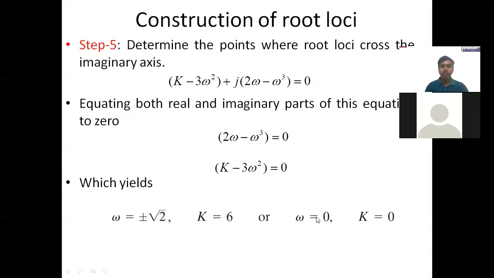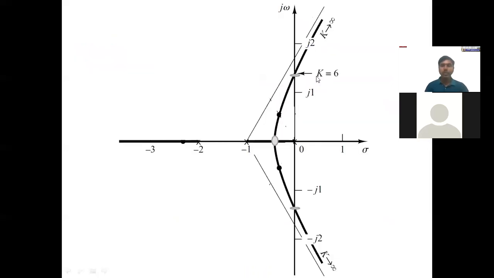We have two solutions here, but k is equal to 0 is not valid because always k should be greater than 0. So this solution is not valid. Therefore the valid solution is k is equal to 6, where we got omega is equal to plus or minus root 2, that is 1.414. So we have the intersecting point on the imaginary axis at plus or minus j1.414.